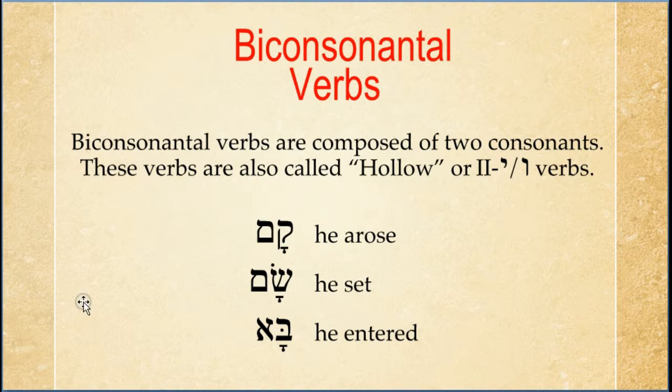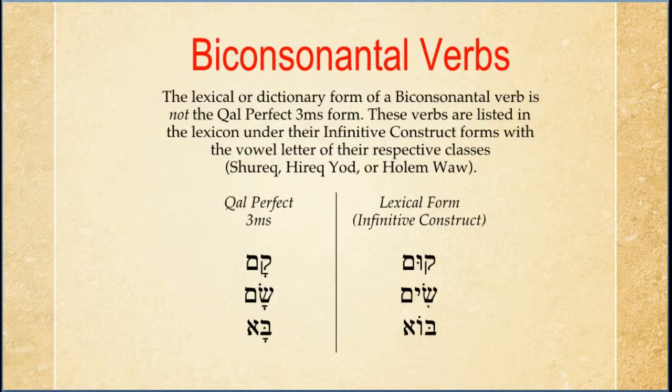And so biconsonantal verbs behave differently, because what happens with them is they gain their letters back eventually. But having only two letters in a root is going to cause a bit of confusion. So in the lexicon, the biconsonantal verbs are not listed in their qal perfect third person masculine singular form.